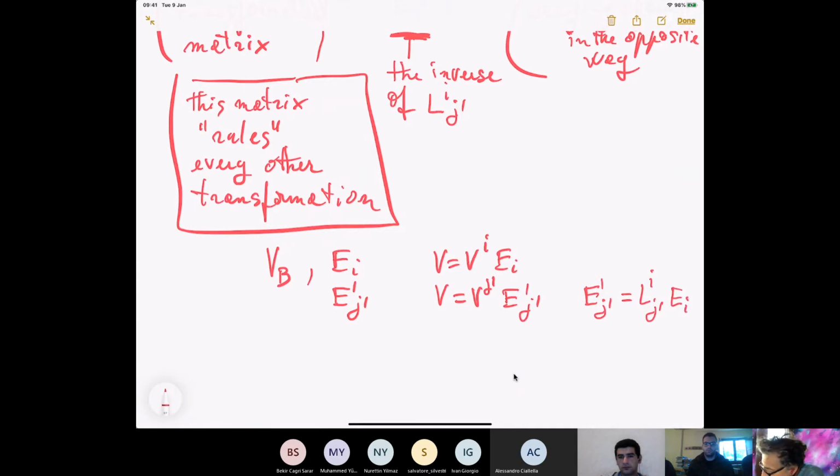And then you have that v'^j is equal to the inverse L^j_i v^i.